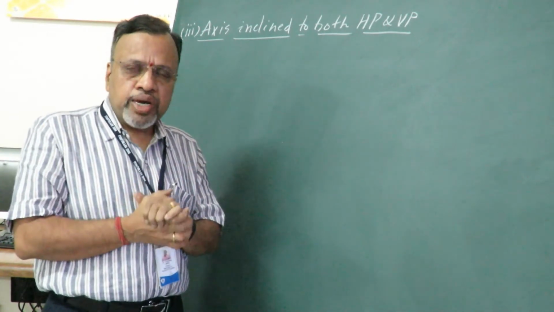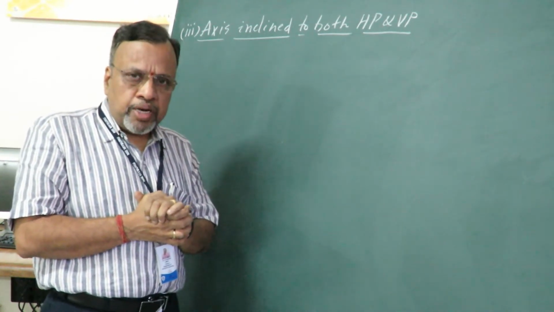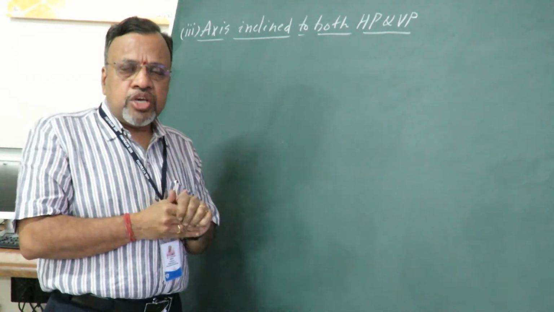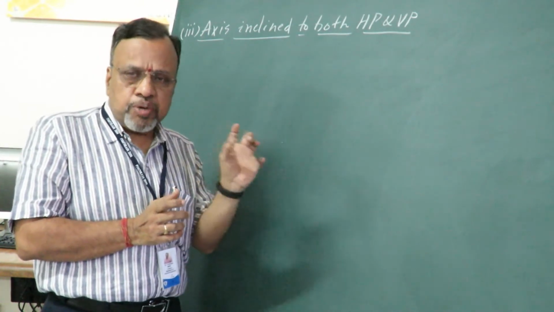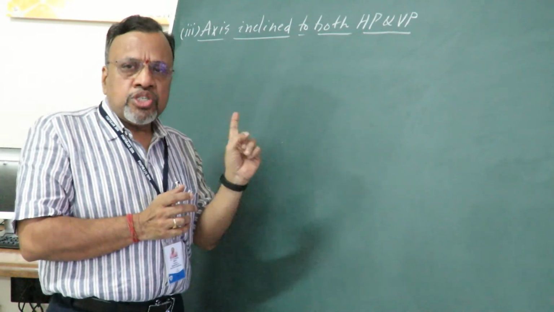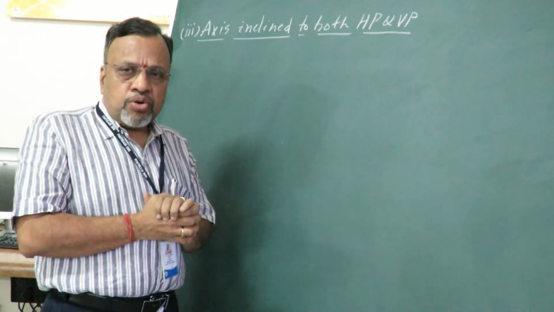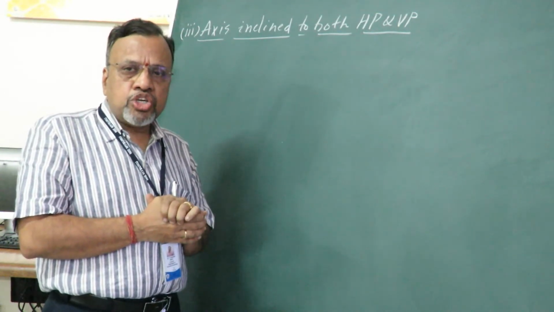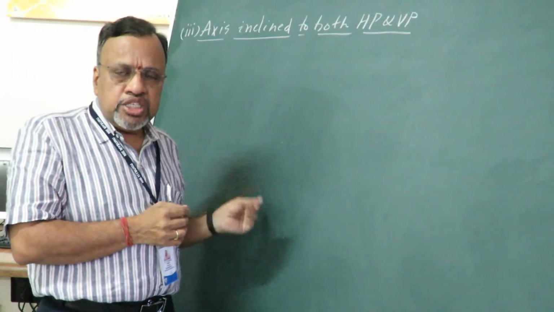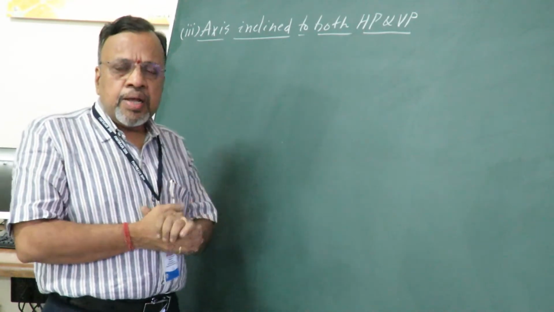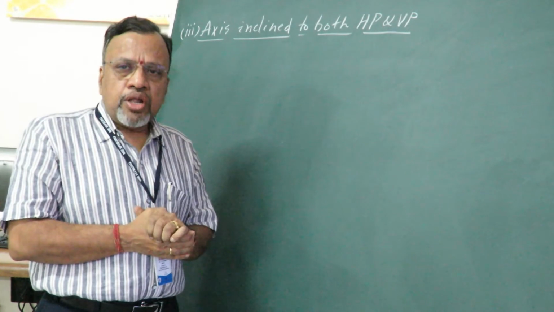If I say that a particular edge of the base is in HP, I need to start from the top view, because an edge of the base resting on HP means in the initial figure, that is in the top view, I need to take that base edge perpendicular to VP.